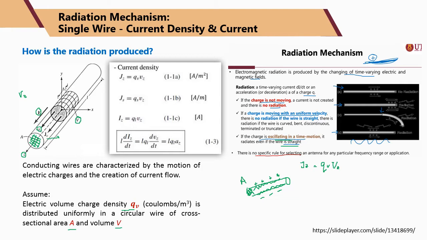Okay, in the case of an ideal conductor, there's no loss, or it is lossless. So we can estimate the current density Js as equal to the surface charge Qs multiplied by the velocity.